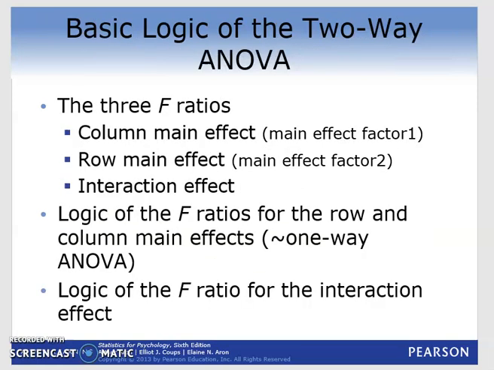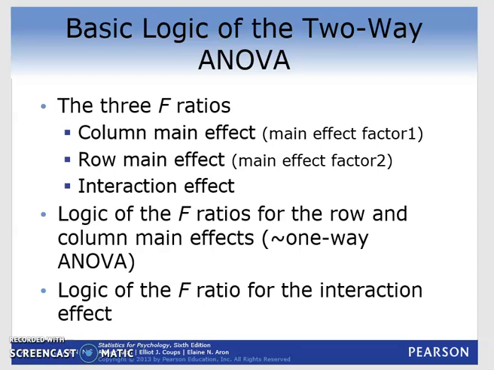When we talk about our two-way ANOVA, when we have our three Fs, sometimes we're going to see them referred to as columns and rows. Columns and rows is where you present that data. You can think of the column as a main effect, you can think of the row as the main effect, and the interaction is our new bonus.